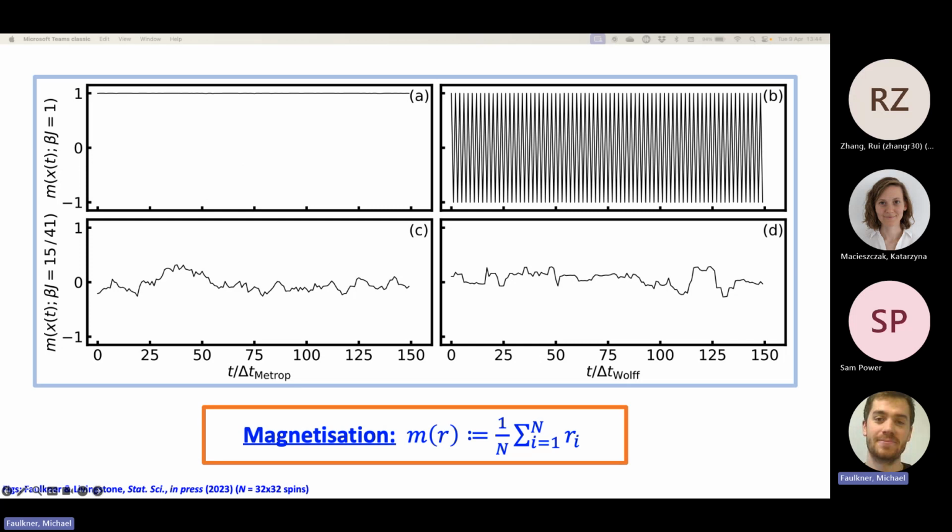The overdamped Langevin dynamics is something that in physics we call Brownian dynamics, and this is quite a reliable representation of the dynamics of large systems in which there's a large amount of damping, and this is the case for a lot of systems that we're interested in in statistical physics. So often Metropolis dynamics are quite a reliable representation of what's observed in nature.